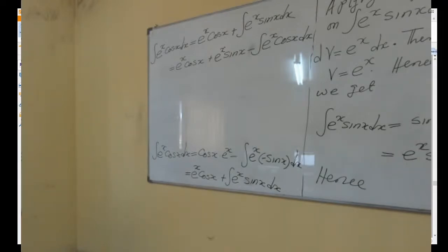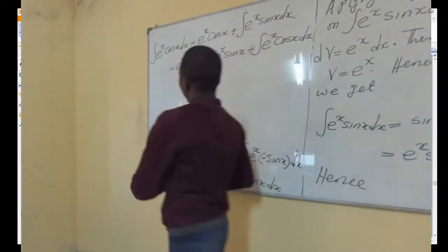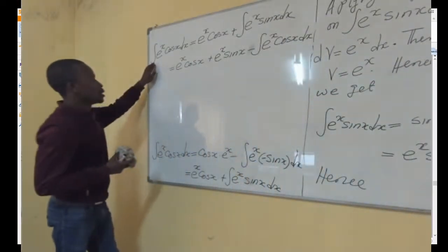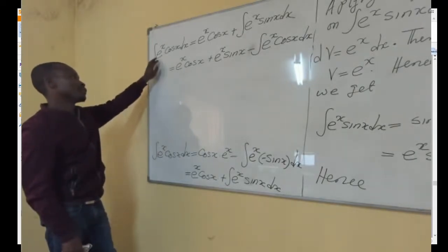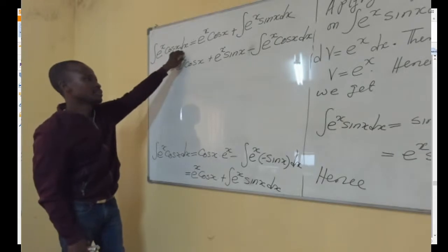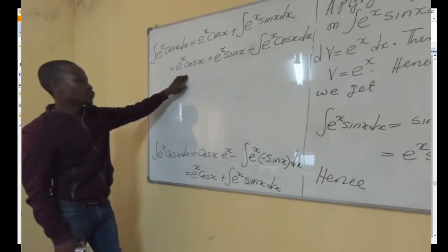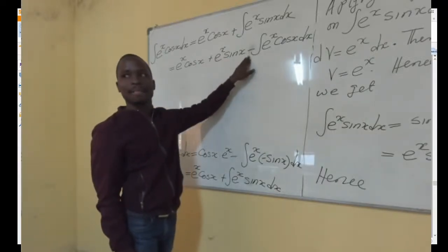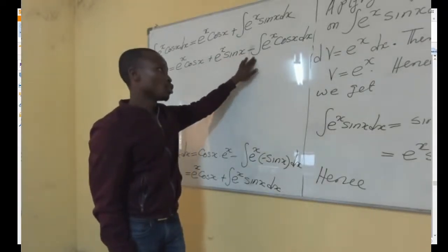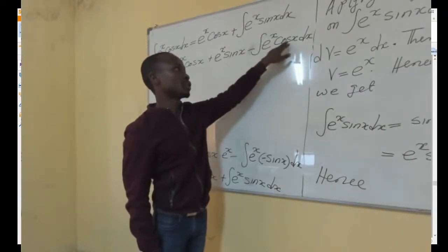So if you look at that expression, you have the integral on the left hand side, you have the integral of e power x cos x. On the right hand side, we have e power x cos x plus e power x sin x minus the integral of e power x cos x dx.